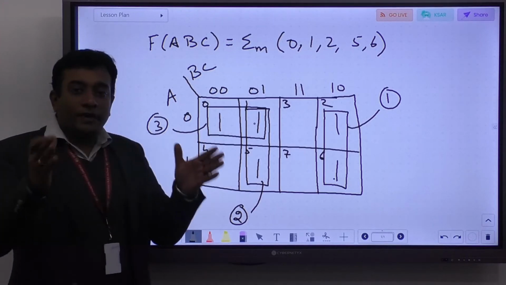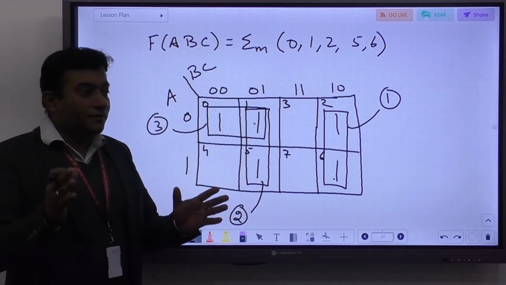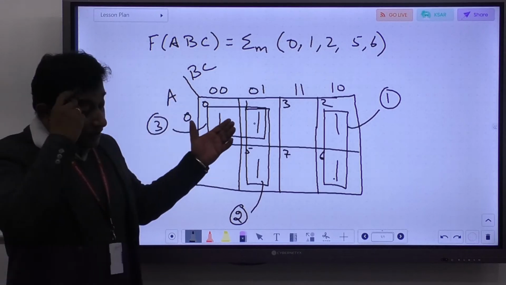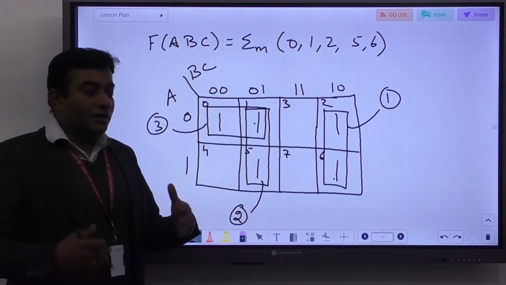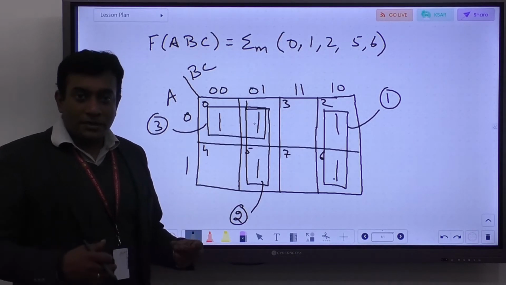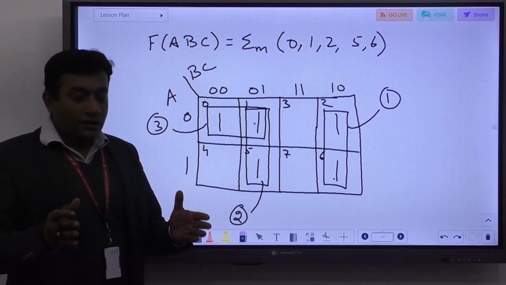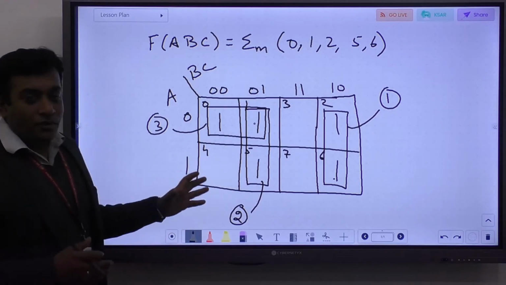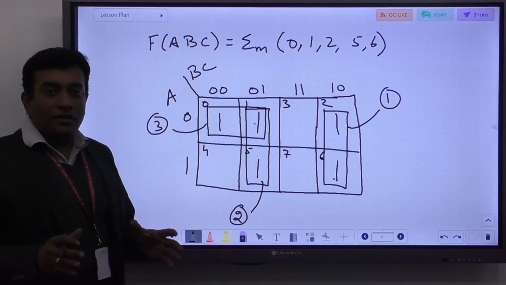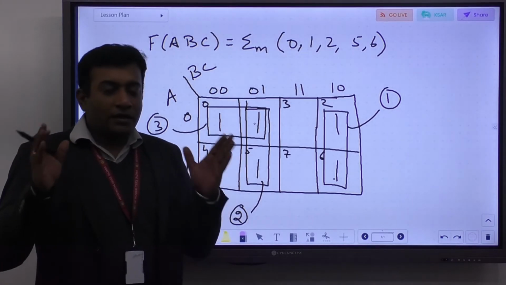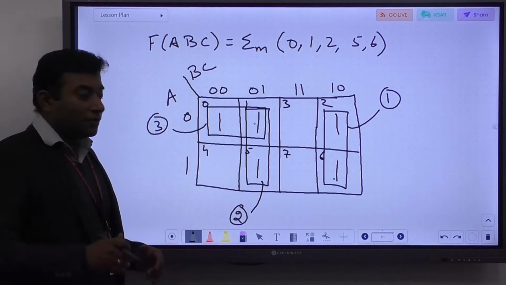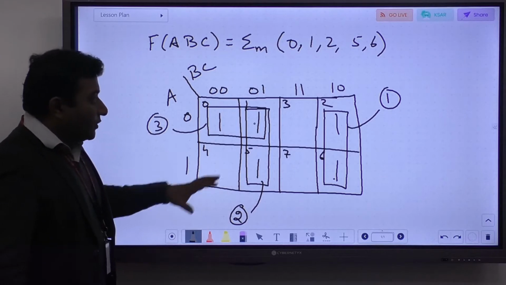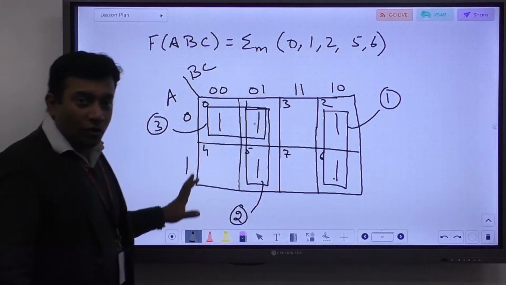If the number of variables increases, they will create more circuit, right? And creating more circuit would be more expensive and take more size. So a good designer always needs to make the circuit as small as possible to reduce the cost and the size. Anyways, this is how the grouping is done.